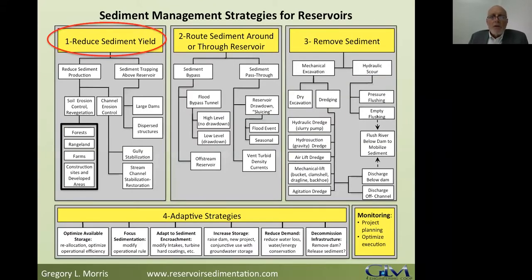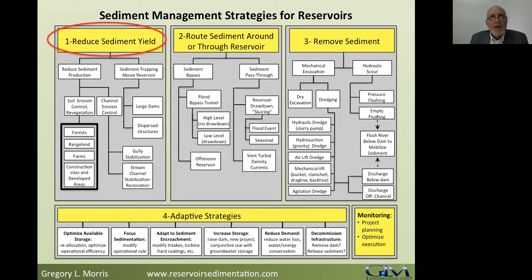This rather busy figure gives you basically the management options that are available. They're classed into 4 different types of strategies. We can reduce the sediment yield. We can take reservoirs and manage them to route the sediment through or around the reservoir so that sediment doesn't collect.